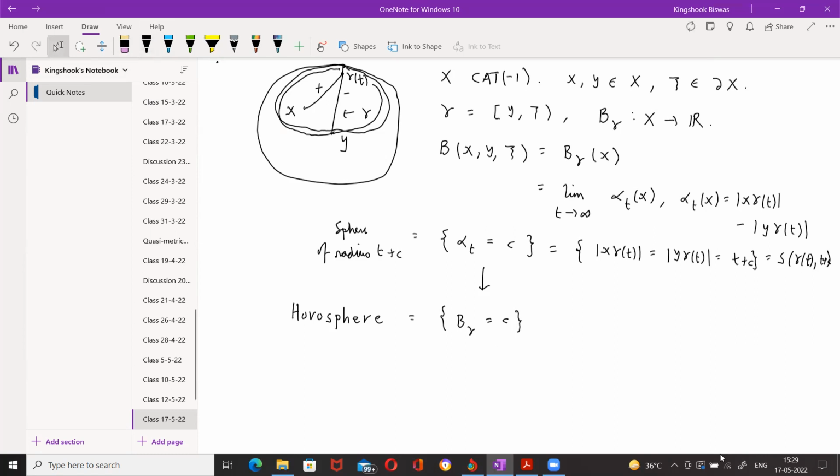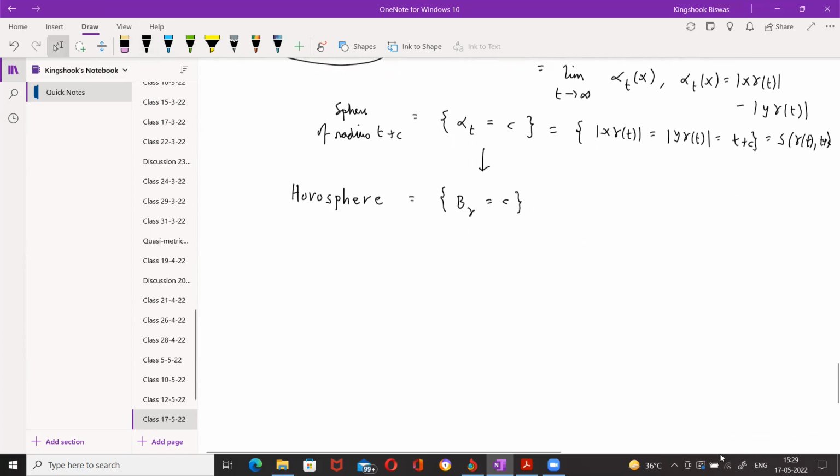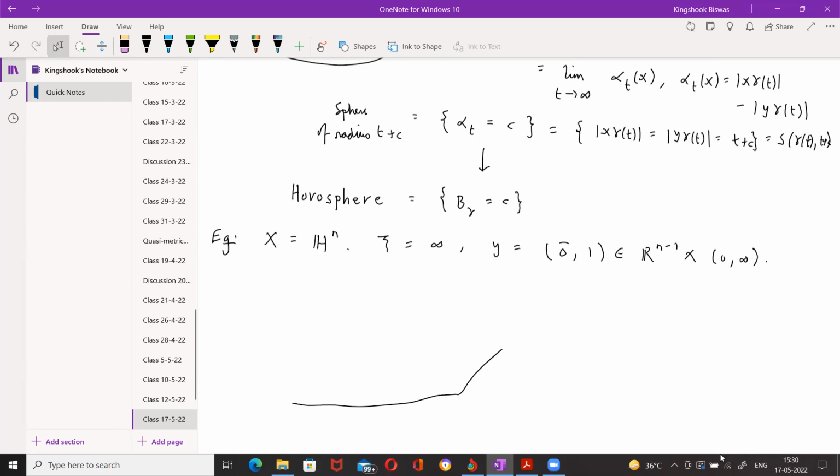Okay. Just as an example, let me do this in X equal to the upper half space, with xi equal to infinity, and say y equal to the point (0, 1) at height 1. Then what will my Busemann function be?